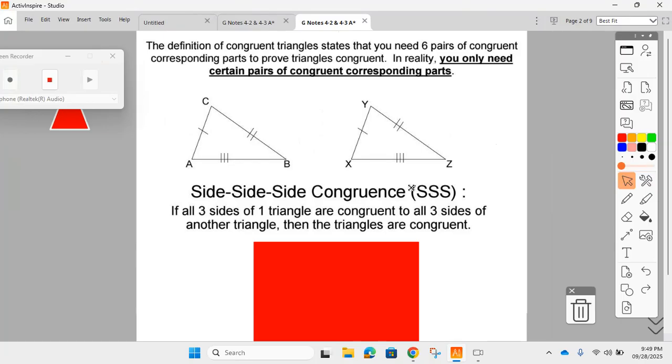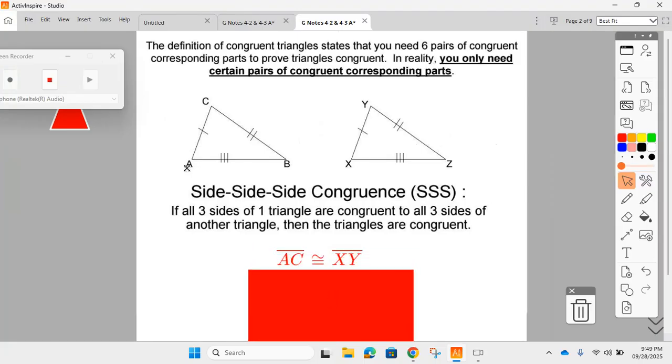If we can prove that all 3 sides are congruent, now we can say that the triangles are congruent. Once we say the triangles are congruent, now we can say that all the angles and all the sides are congruent, because by definition, if we stated the triangles are congruent, then that means all the parts of the triangle are congruent.